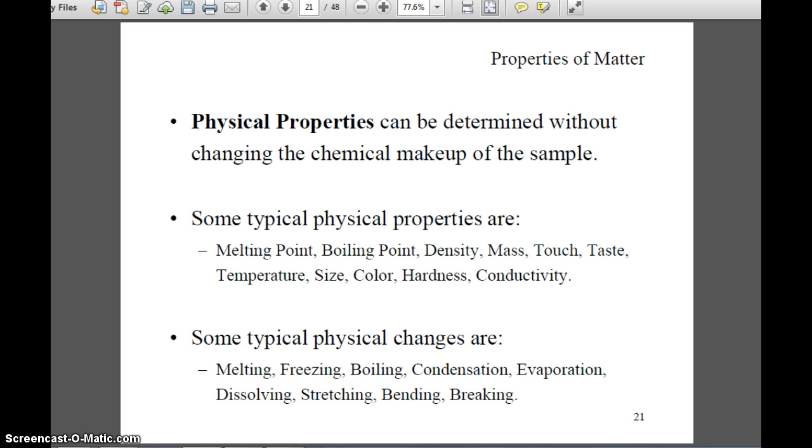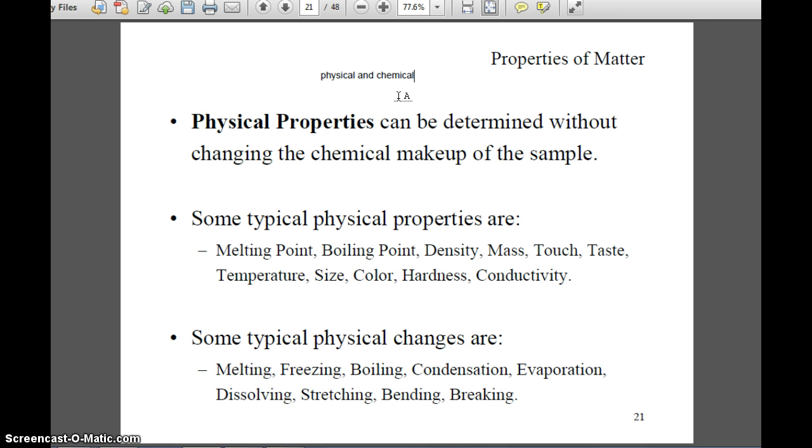Now, another way to distinguish between properties is physical and chemical. Let's write that somewhere. Physical and chemical properties. You can consider a chemical property as if it's a chemical reaction. A physical property is something which is going to be determined without changing the chemical makeup, the chemical nature of a certain given sample.